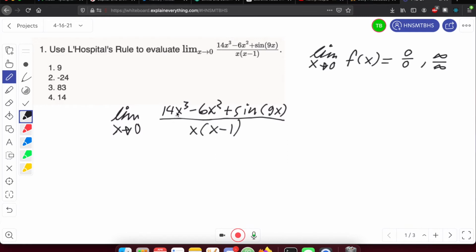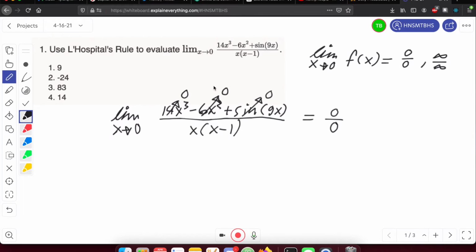Well, we can see that 14x cubed as x goes to 0, this term goes to 0. 6x squared, this term goes to 0. And sine of 9x, this is the same as sine of 0. What is sine of 0? Sine of 0 is 0. So this is 0 over 0 times x minus 1, or 0 times 0 minus 1. This also goes to 0, so we end up with 0 over 0. Since we have an indeterminate form, we can use L'Hospital's Rule to evaluate this limit.